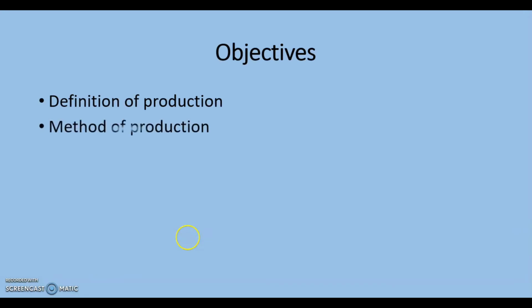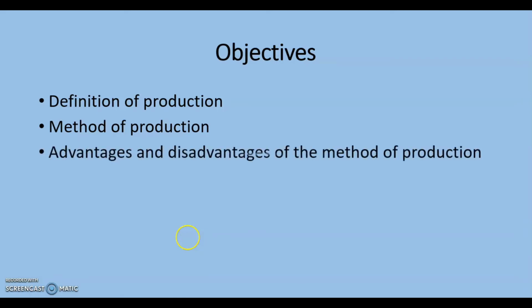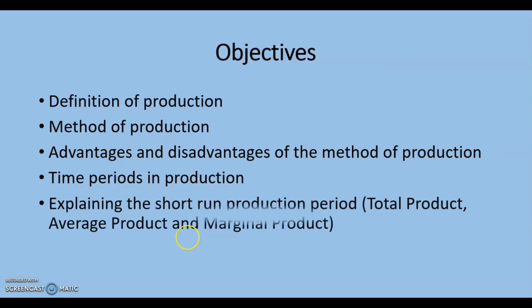Our objectives of the day: the students will be able to define production, know how to explain the methods of production, know the advantages and disadvantages of the methods of production, also know how to explain the time period in production, and finally, explain the short run production period in terms of the total product, the average product, and the marginal product.